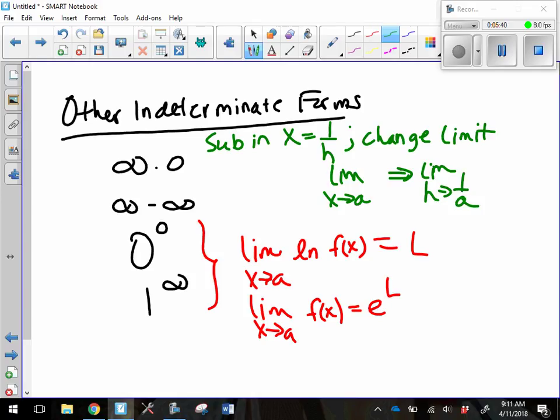And that may change some things for us. And when I end up with infinity minus infinity, I'm going to try to find a common denominator, so that maybe I can end up with f of x over g of x, and then be able to use L'Hopital's rule.